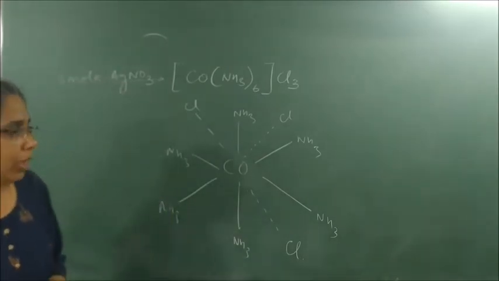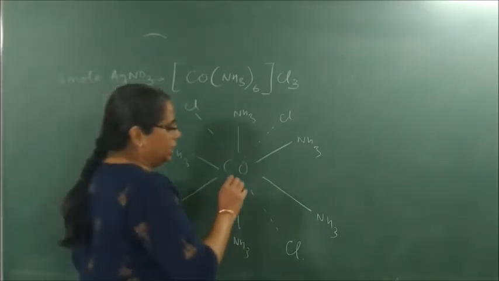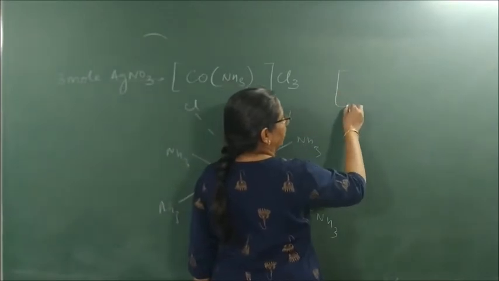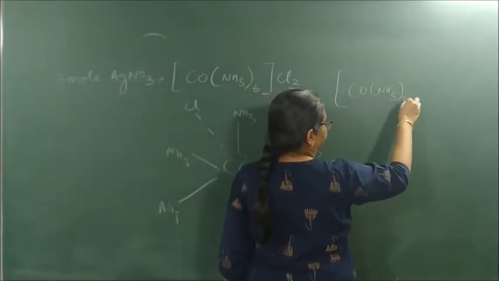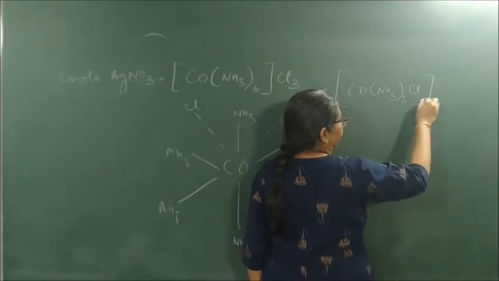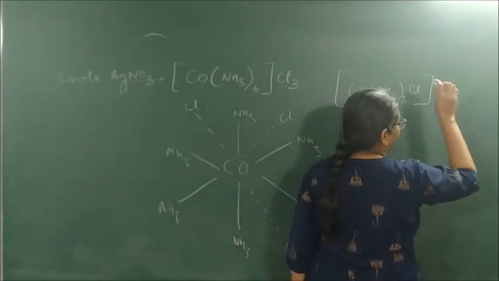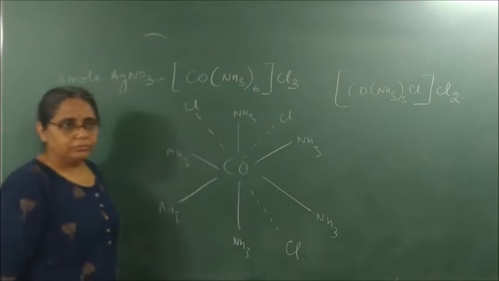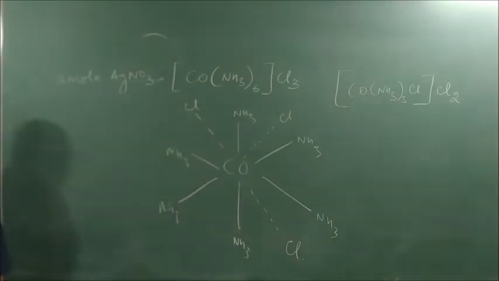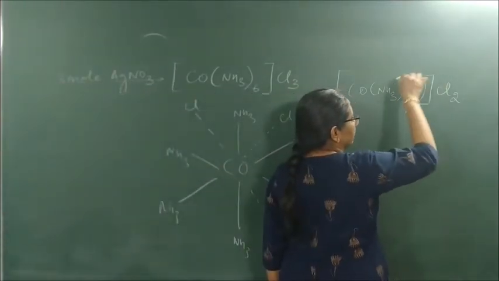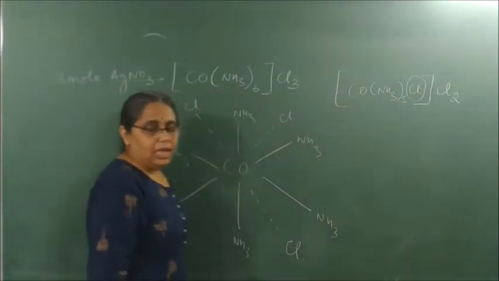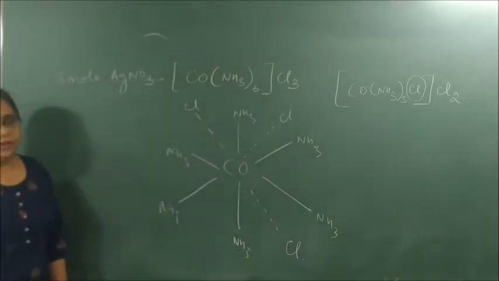Okay, now what do I do? I make the next compound, which has [Co(NH3)5Cl]Cl2. What did I do now? I shifted one negative ion inside. This negative ion is satisfying both my primary valency as well as my secondary valency.